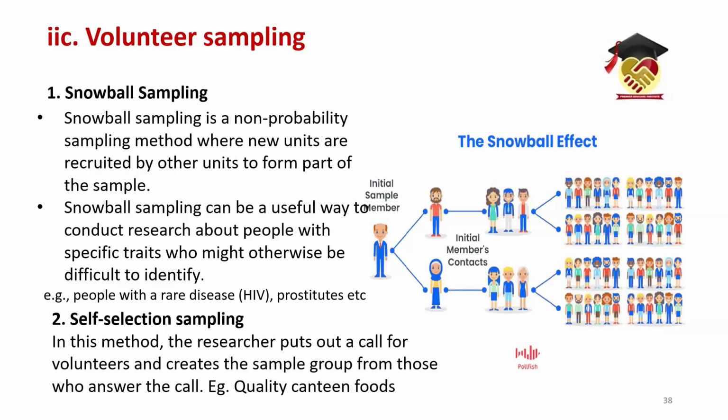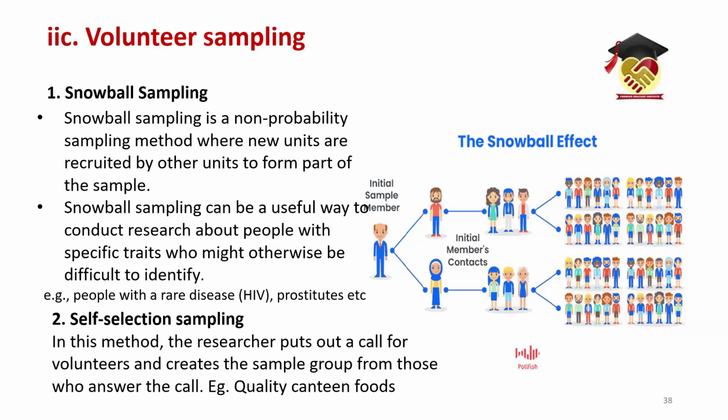Okay. What is the self-selection sample? Self-selection sample means, for example, now you want to do a research about the quality of your canteen foods. Right now, nobody is coming to give you the information. If you go and ask the canteen people, they will tell you that our foods are very good.